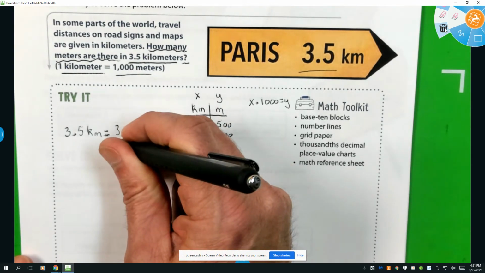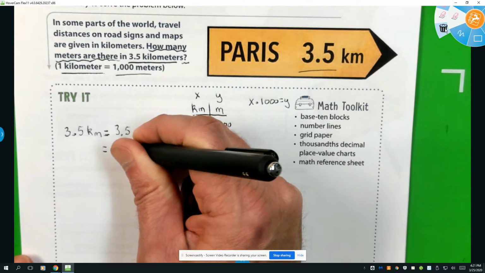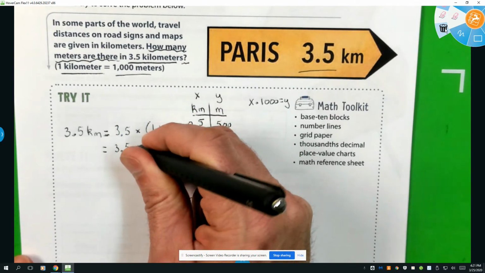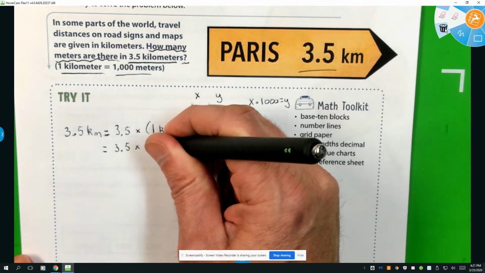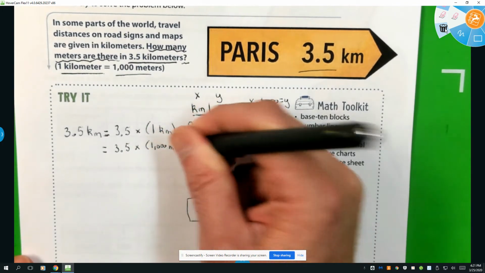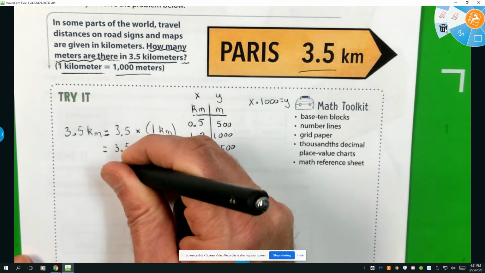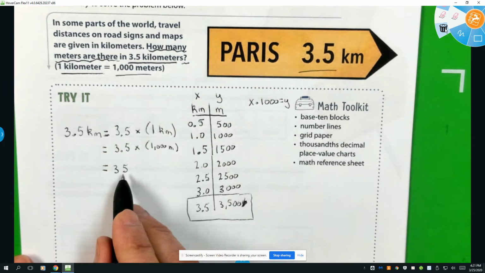That's the same as 3.5 times the converted unit of measurement, which is meters, times 1,000 meters, equals 3.5. And I'm just going to show you where I would have my decimal, even though I don't.